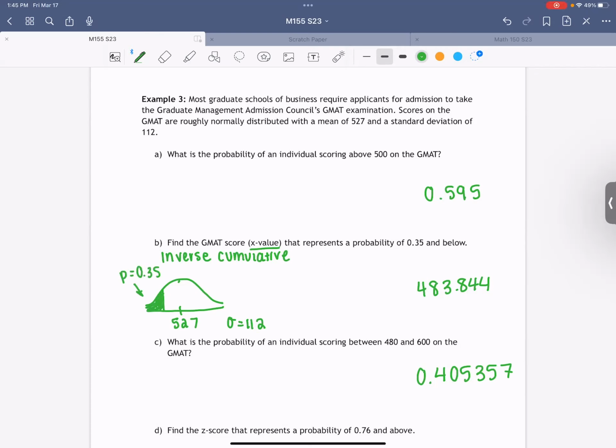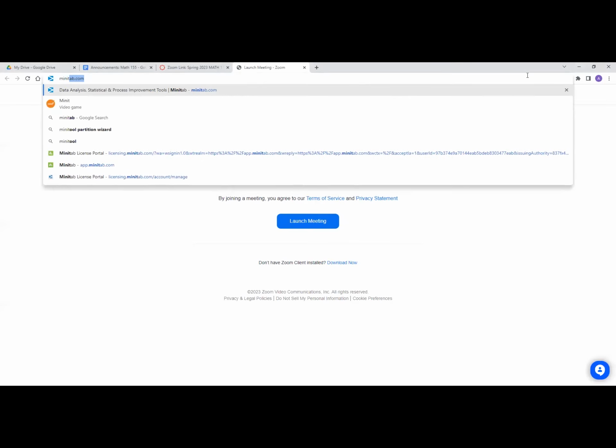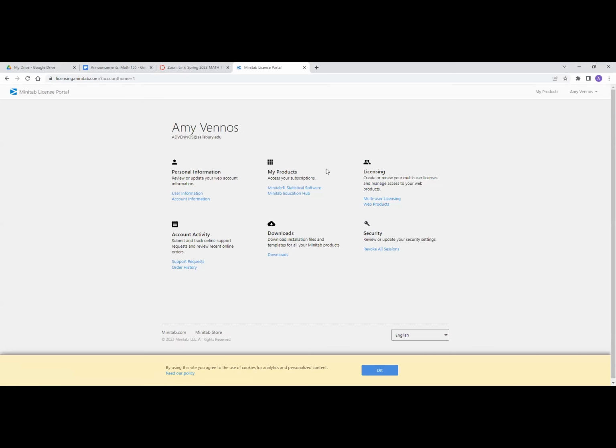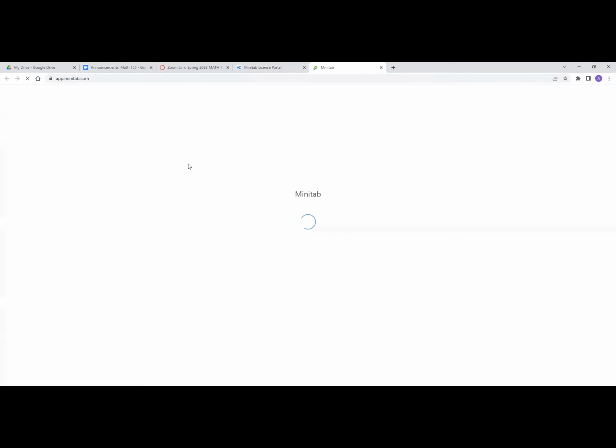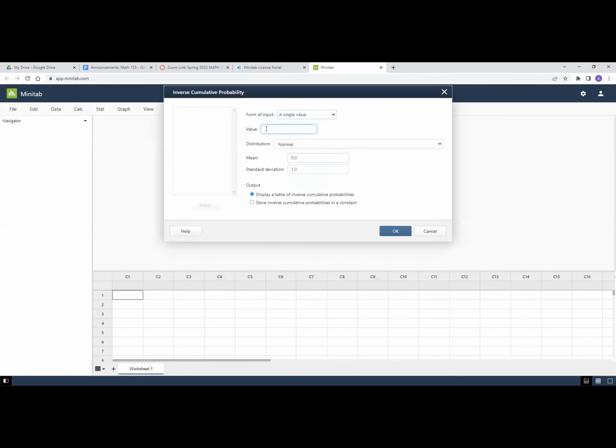If you go to Minitab here, let me just show you what I would type out. All right, so calc, probability, and inverse. Under the value, I would type the 0.35.